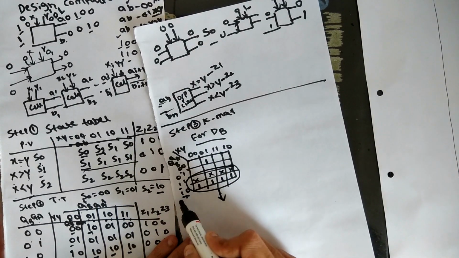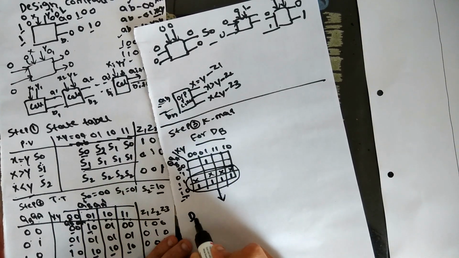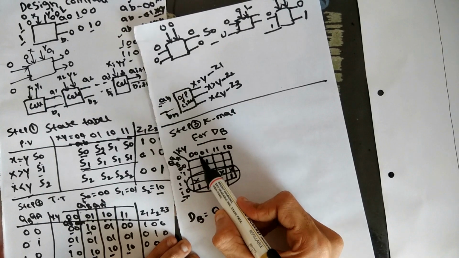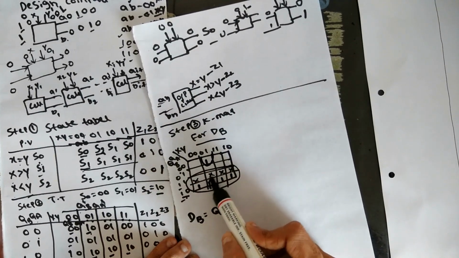Here the 1 is common, so DB is equal to QB, and QA gets cancelled. One more 1 is left, so group this one and this one together.